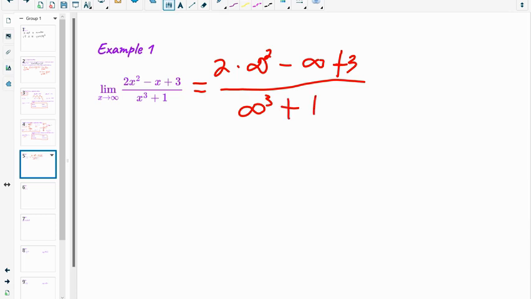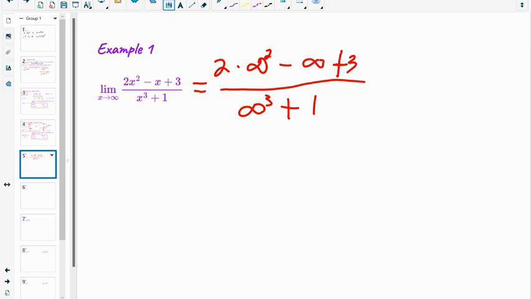Now, let's just go through this and see why it's mind-bending. Infinity squared. Well, again, infinity is not a number, so we have to think not in terms of infinity, but really large numbers. And as those really large numbers are squared, what happens to those numbers? They become even bigger. Then if we multiply them by 2, they're going to become even bigger than that.